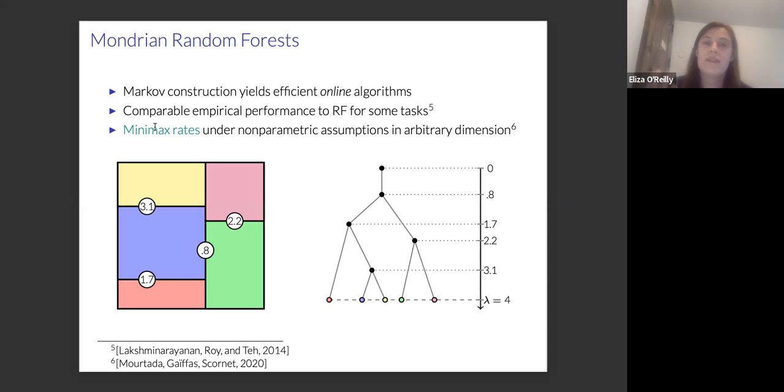But there's something really appealing still about this class of random forests beyond the computational reasons and their amenability to online algorithms. From a theoretical perspective, it was the first class of random forests for which minimax optimal convergence rates were proved under non-parametric assumptions in arbitrary dimension.